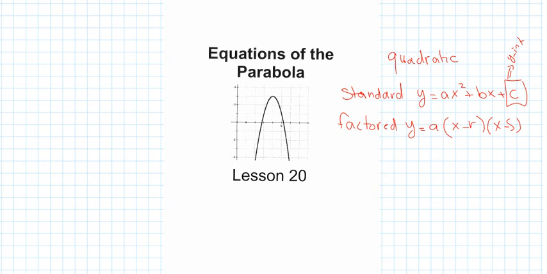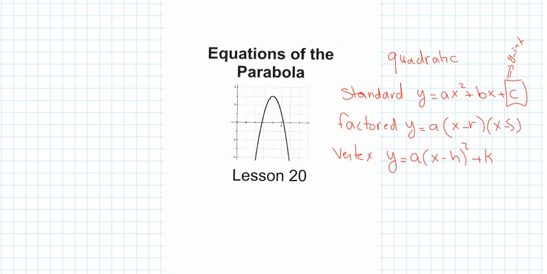And the third form that we're going to focus on today is called the vertex form. And the vertex form looks like this. Now, don't worry about the letters. They use these specific letters for a reason, just so they keep it consistent when they're trying to teach. But the form looks like this.